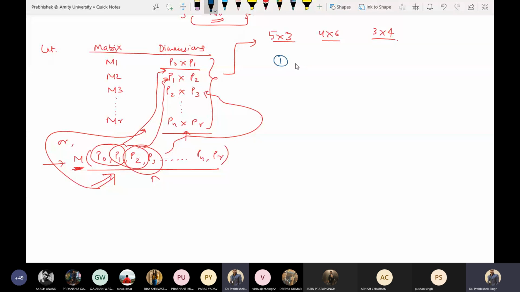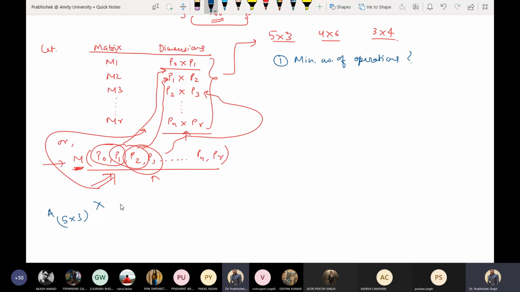The first question is, what is the minimum number of operations required? Earlier I explained that, let's say matrix A has 5 into 3 dimensions. I'm just talking about matrix multiplication, not matrix chain multiplication, as an example.